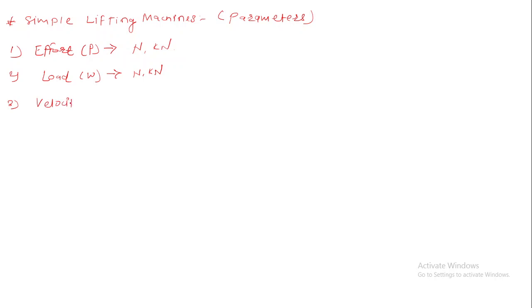Then we have seen third term, that is velocity ratio. In short, it is represented by VR, right? Which is defined as the ratio of the distance traveled by effort divided by distance traveled by load.